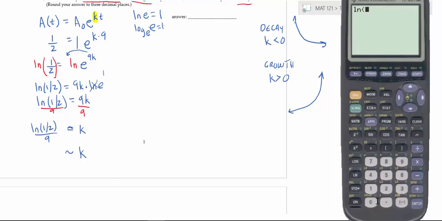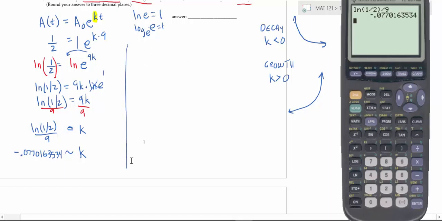So I'm going to go ln of 1/2, or just 0.5 if you want to put it in that way, divided by 9. And you're going to get this value. So it's exponential decay. That's the reason that turned out to be a negative number. So let's write down negative 0.0770163534. I'm going to write all the decimals on that. Okay.